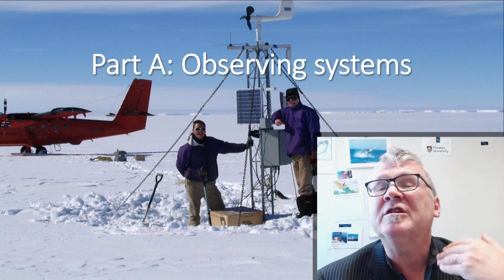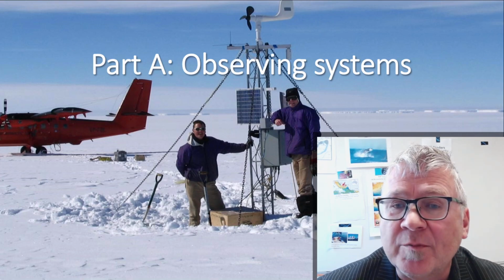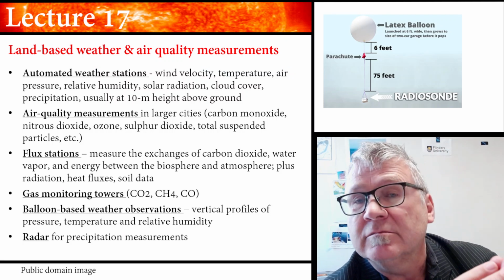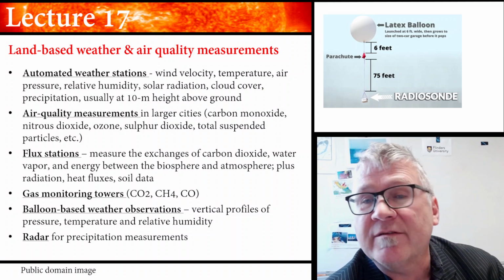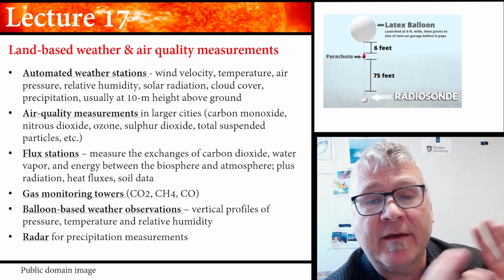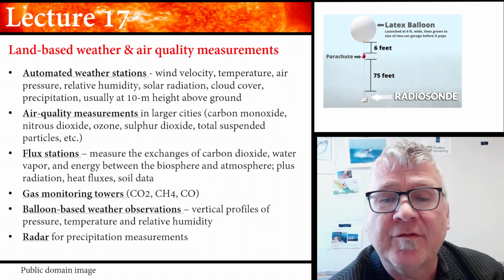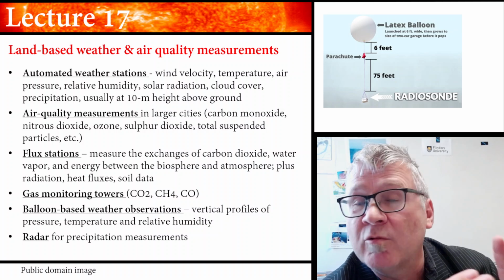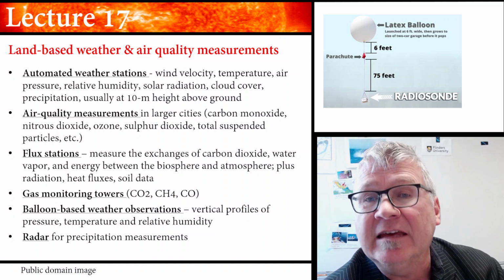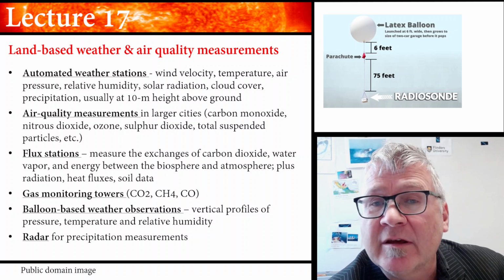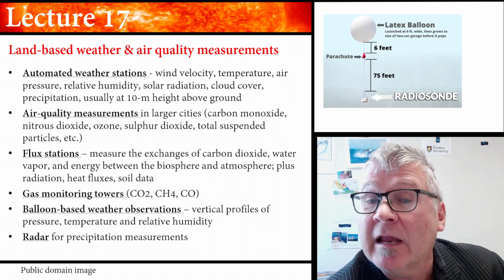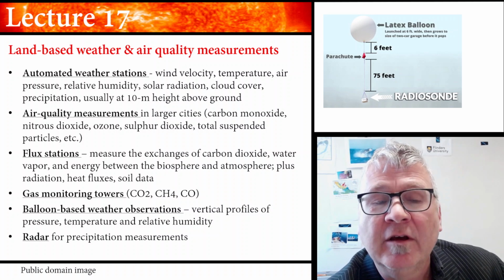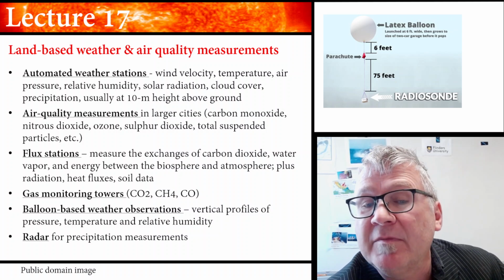And we start with land-based observing stations. The first thing are automated weather stations. They're at fixed locations, usually at airports, measuring a range of key atmospheric parameters, like wind velocity, temperature, air pressure, relative humidity, solar radiation, cloud cover, precipitation, usually at a reference level of 10 meters above ground.